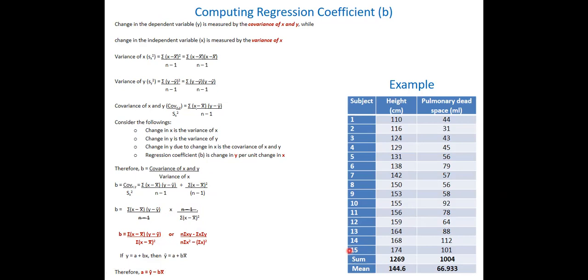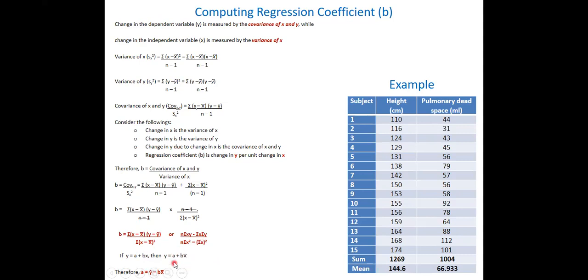Correlation is the division of the covariance of the two variables by their standard deviations, while the regression coefficient is the division of the covariance of the two variables by the variance of X, which is the independent variable. So that's the formula.